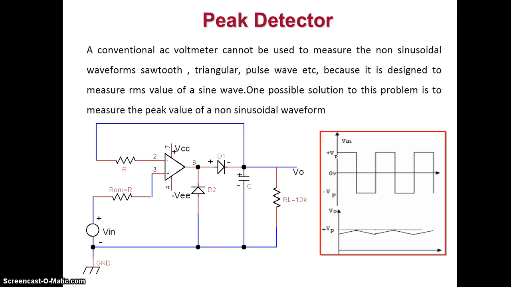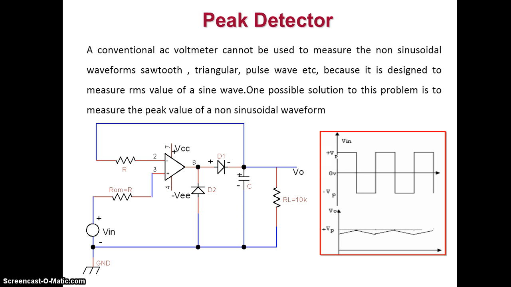Once you get the RMS value, you can calculate the peak value. But for non-sinusoidal waveforms such as sawtooth, triangular, pulse wave, etc., we cannot measure the peak value by using an AC voltmeter or something like that.